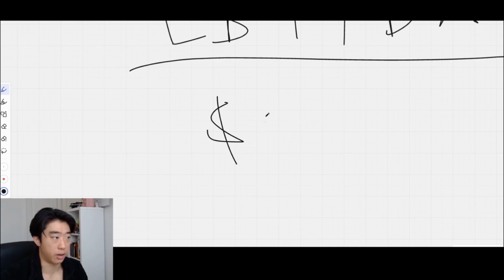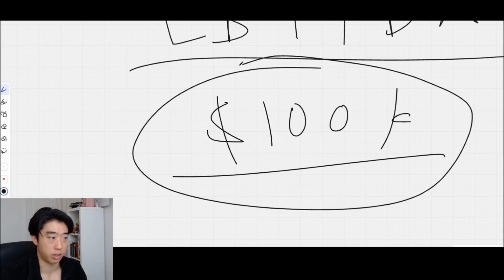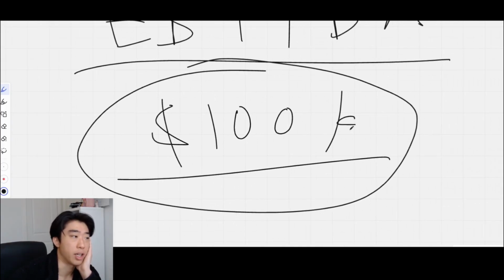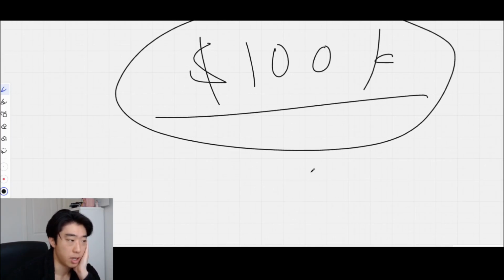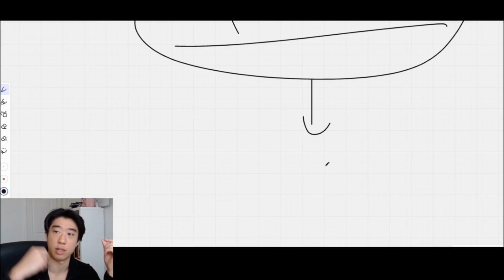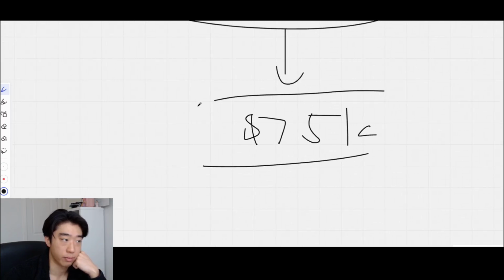So on cash accounting, a business like this might showcase $100,000 in profit, but then when you break it down by accrual accounting, when you start breaking down invoices, when services are being used, when things are actually paid for, it might actually show 75k profit.